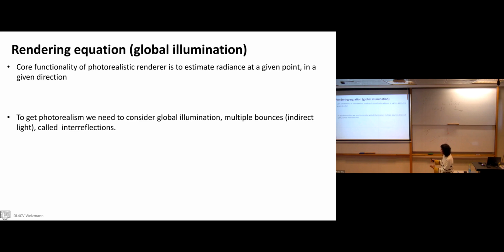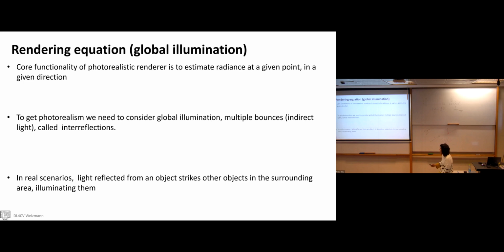We need to understand interreflection. When I shoot a light to a surface and the surface reflects the light to another direction, and then that reflects to another direction, this is called interreflection. I should take it into account. It's not an easy task. It's not solved.